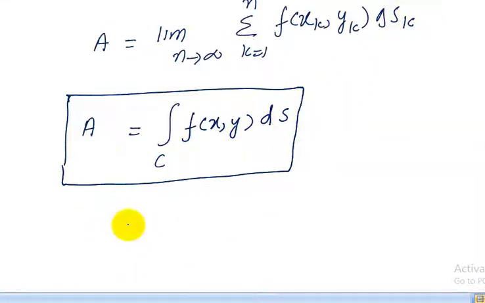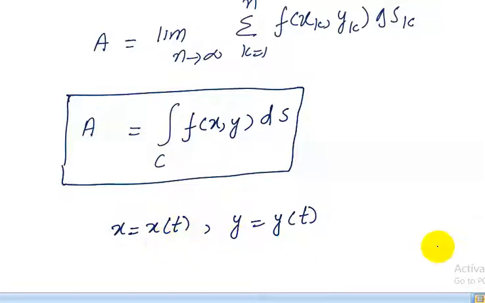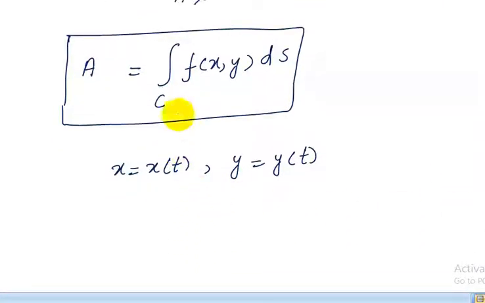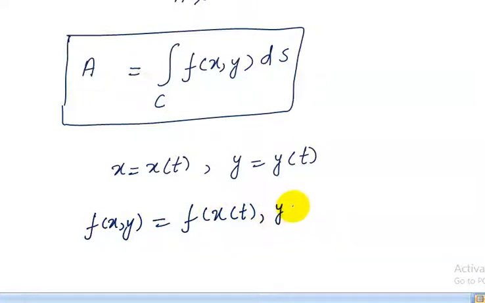Now if x is a function of t, x is equal to x of t and y is equal to y of t, where t is a parameter, we can write f of x y is equal to f of x t, y t.